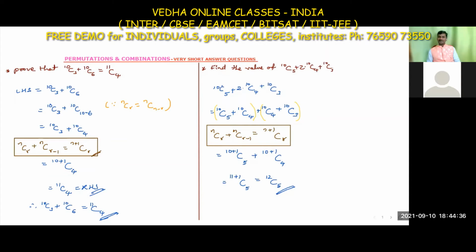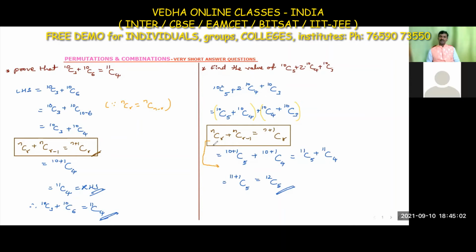Sir, how did 10 plus 1 become 11 plus 1? Here 10 plus 1 is 11, so 11C5 plus 11C4. Okay, so I am applying this formula once again.